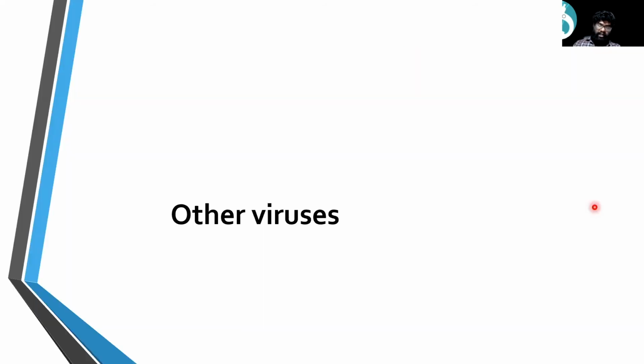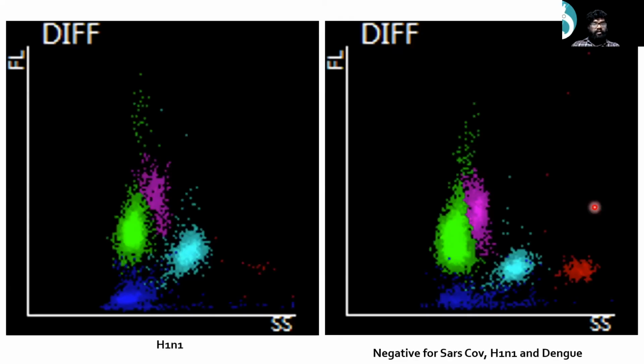Let us look at the cases which are negative for SARS-CoV, negative for H1N1 and negative for dengue. Strangely, when we compare, it is almost similar to H1N1 or others, except for the pattern of the lymphocyte distribution, which usually has a bulge, more skewed towards the side scatter on the left.